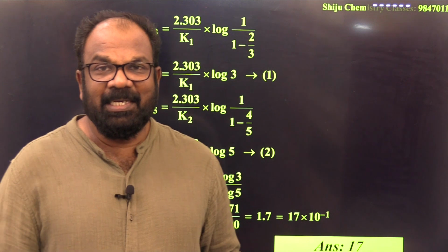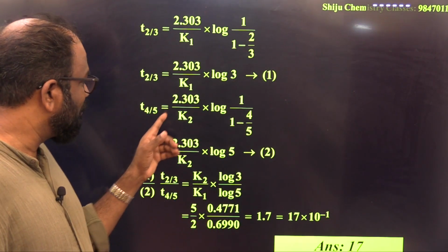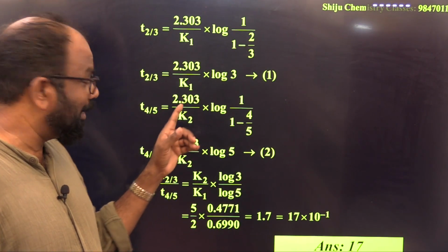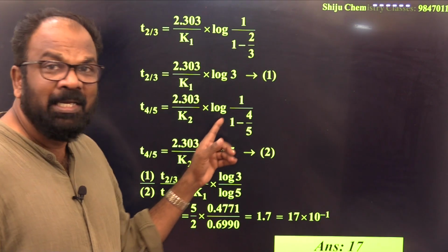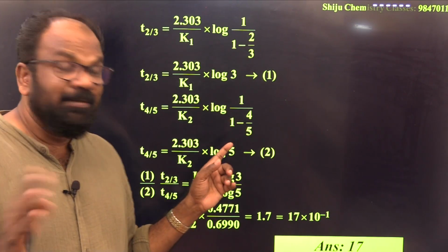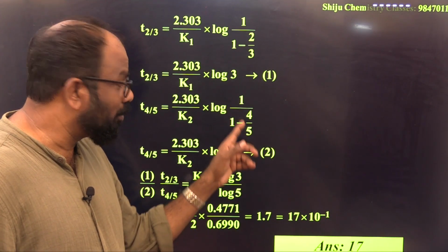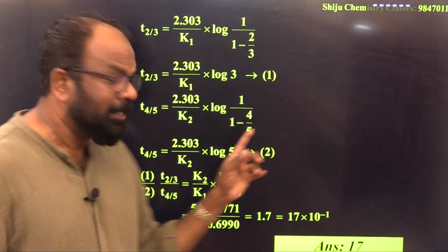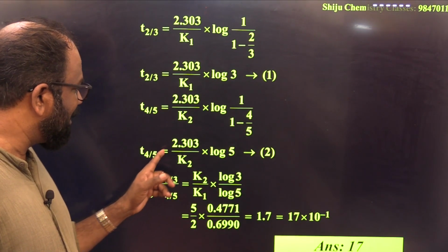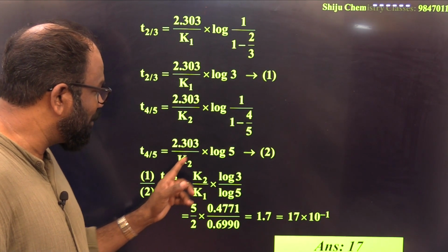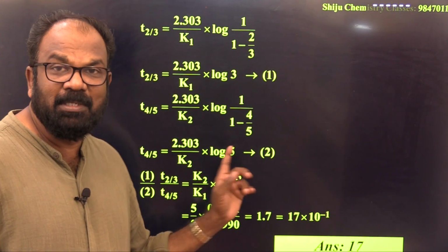Now for the second reaction, T4 by 5 is equal to 2.303 divided by its rate constant K2 into log, initial concentration 1 and the final concentration is 1 minus 4 by 5, that is equal to 1 by 5. Thus T4 by 5 is equal to 2.303 by K2 into log 5. This is equation number 2.